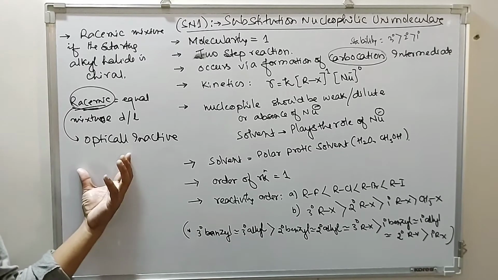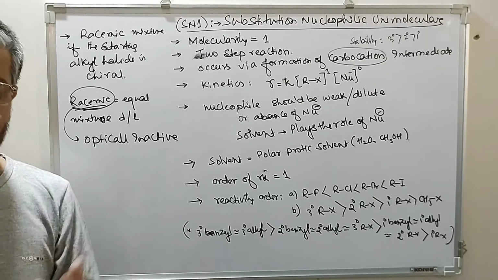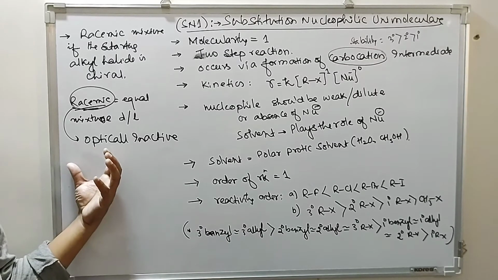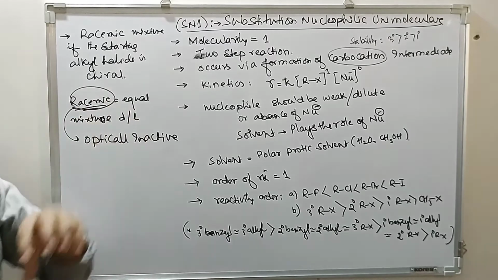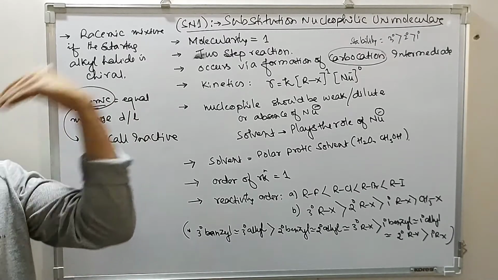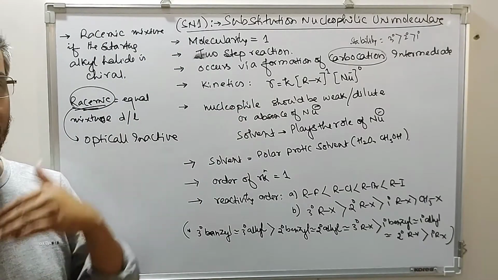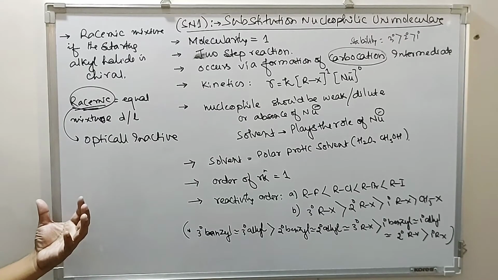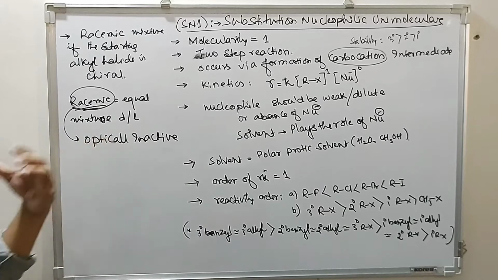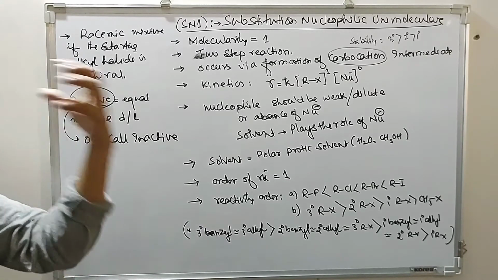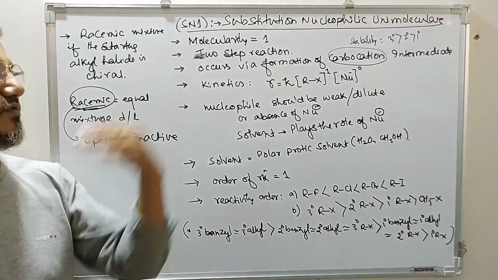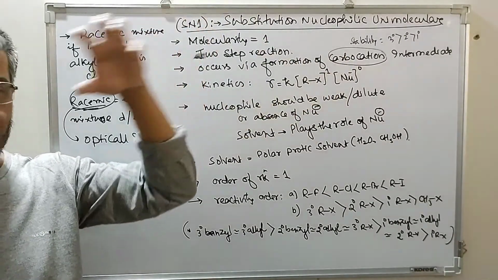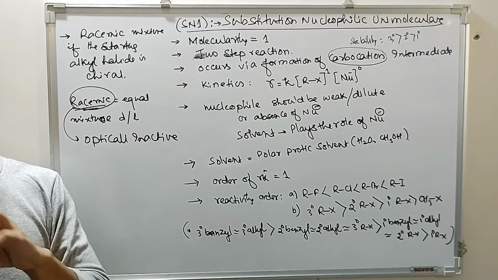Now this optical activity can be measured by an instrument known as a polarimeter. We have discussed optical isomerism in stereoisomers in earlier classes, so I'm not going into details of this. So simply, if the starting compound is optically active and the reaction is proceeding by an SN1 pathway, then the product will be optically inactive.